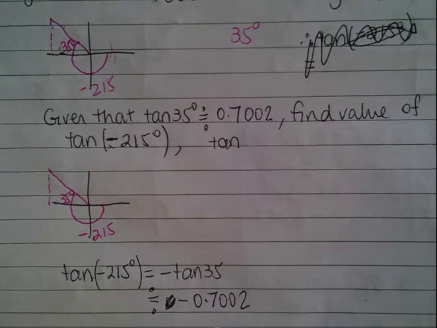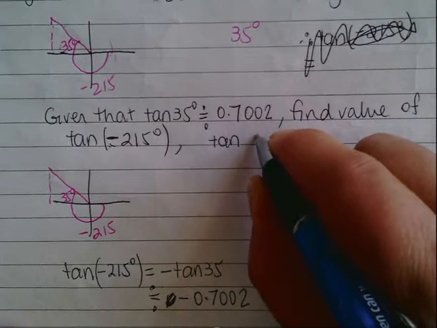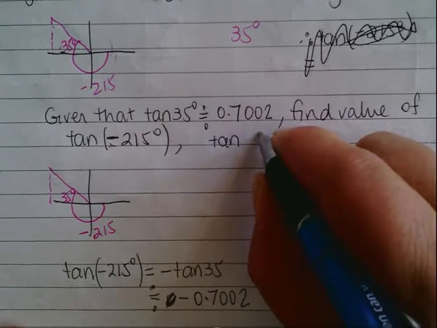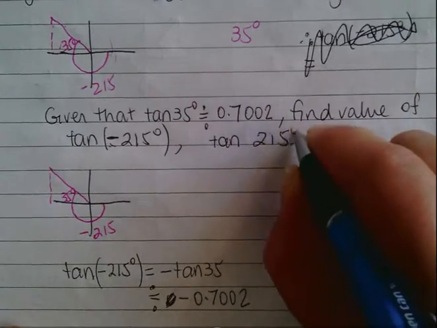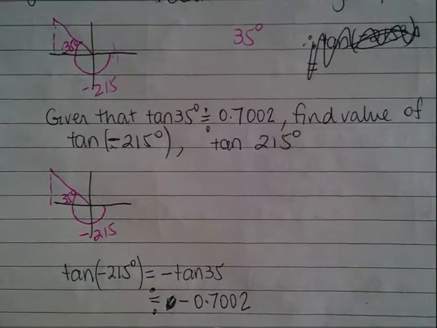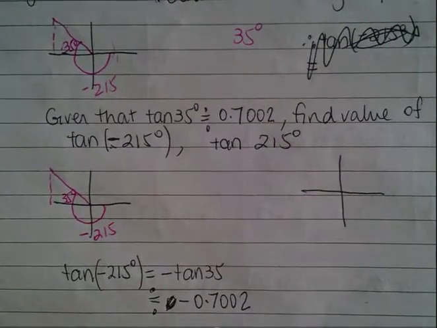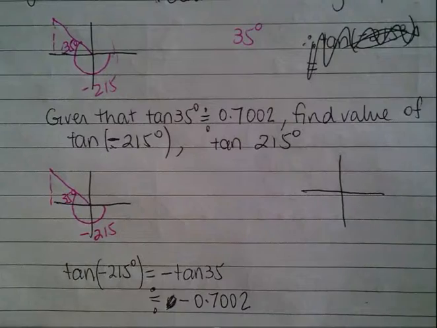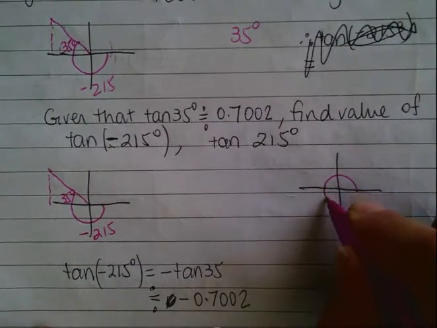All right. And another one I could give you is to ask you for the tan of 215. Go. Tan of 215. Where's that? Which way am I going? Positive. 90, 180, 215.